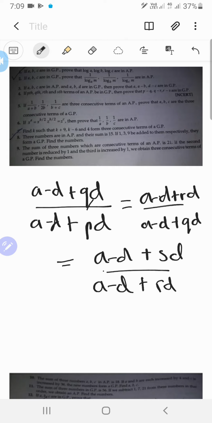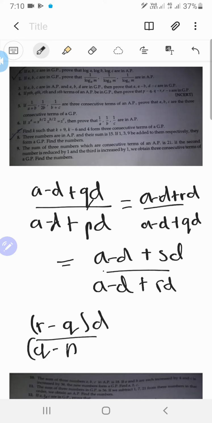Maybe we can use a theorem on equal ratios here. When you subtract the numerators and subtract the denominators, that ratio is still the same as this ratio. So let's subtract these two from these two. That will give me r minus q into d upon q minus p into d.